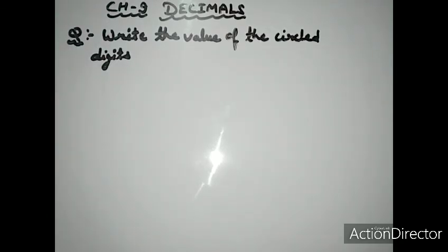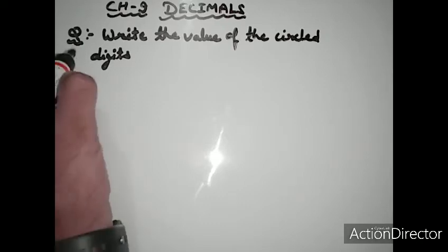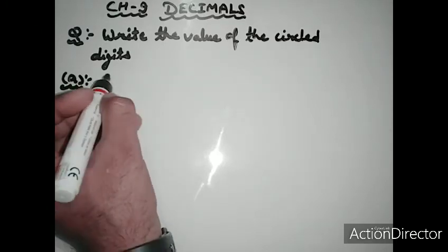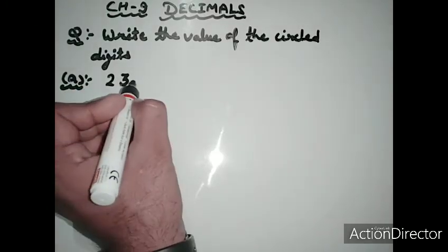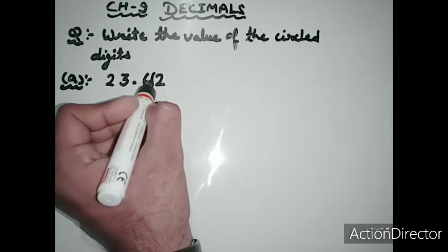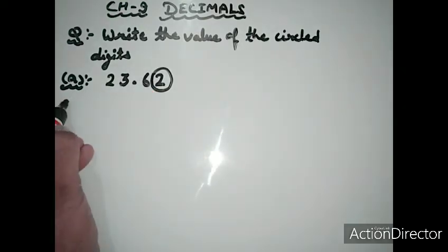Okay, here we write the value of the circled digit. Okay students, now here we take the first part, and the number is 23.62, right? And here we circle this 2.